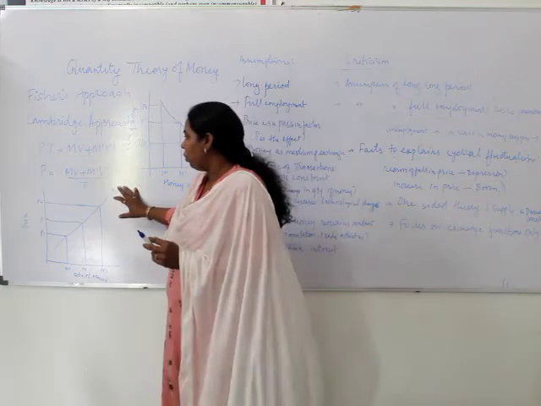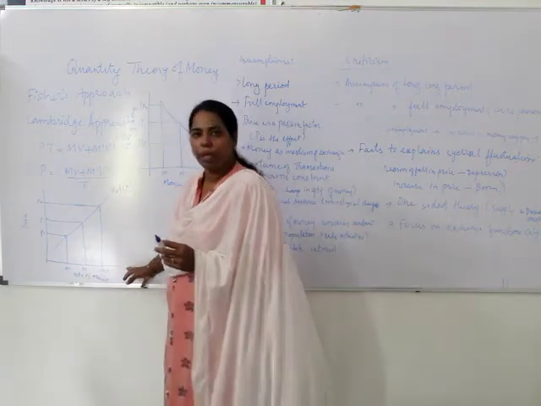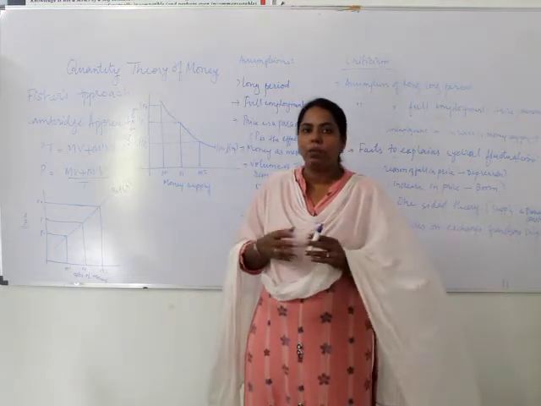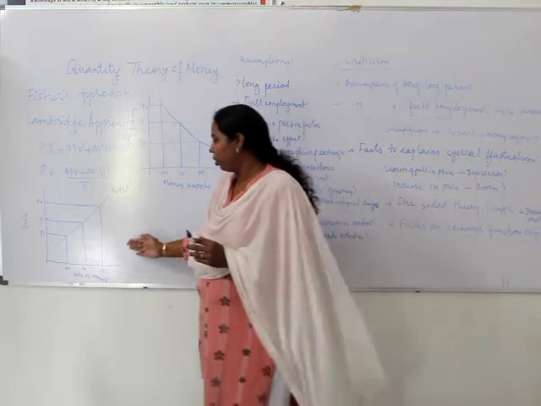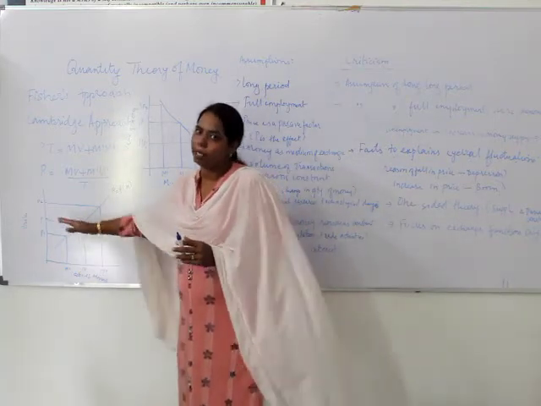In the theory it was said that if the money supply increases, the price level will also increase. It means that there is a direct relationship between the quantity of money, or the supply of money, and the price level.